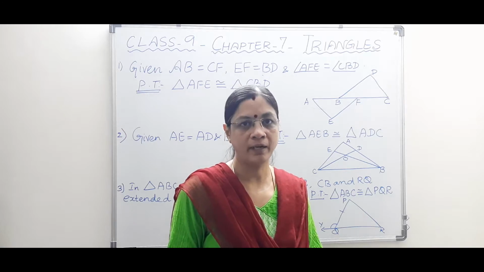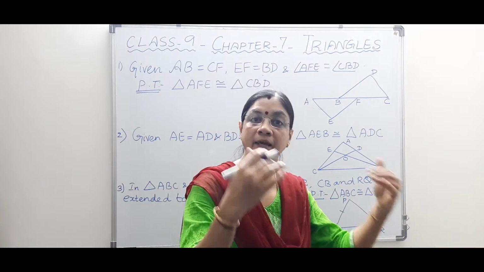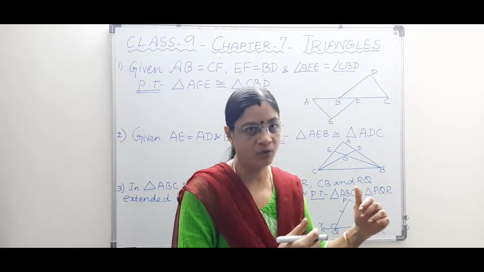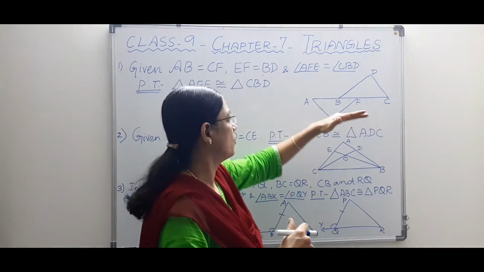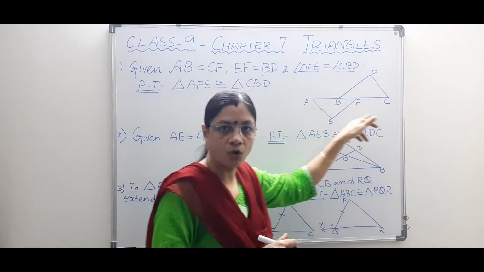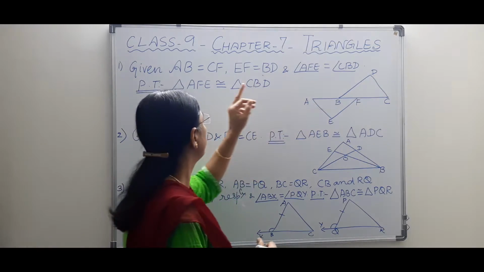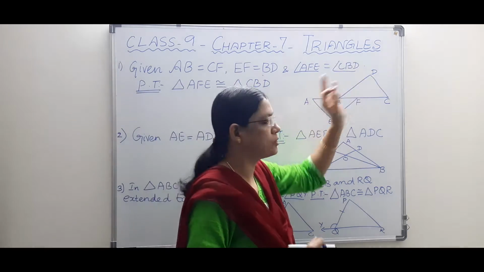You may be feeling somewhat confused, but let's read it again with a diagram. See, AB is equal to CF. They are all on the same line. Next, EF is equal to BD.